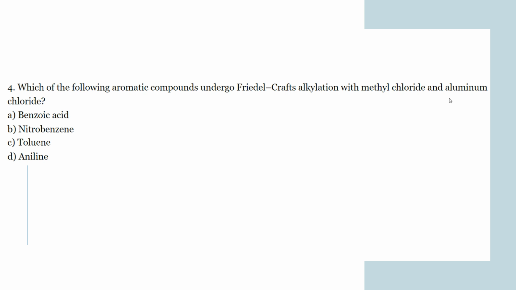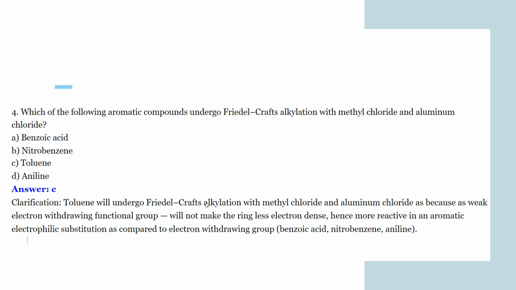So this is why, even though in aniline the NH2 group is electron donating and should make the benzene ring electron rich, this competing reaction which forms the salt prevents aniline from undergoing Friedel-Crafts alkylation. So out of all four options, only option C will undergo Friedel-Crafts alkylation.